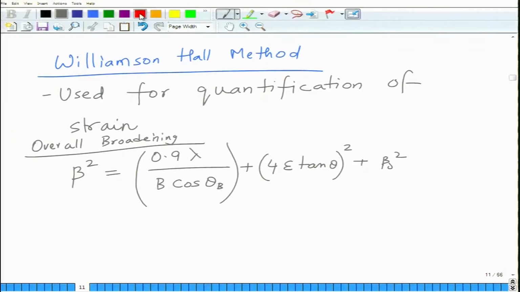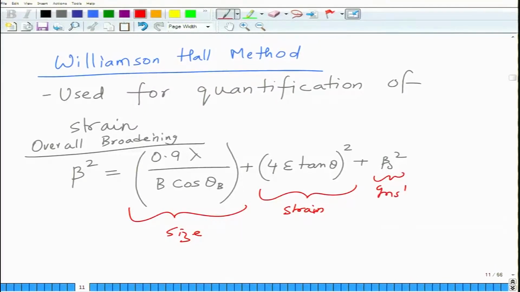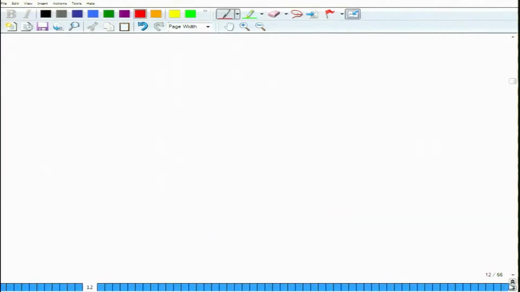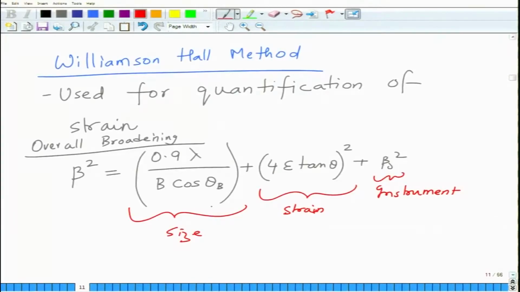Here, this term is because of size, this term is because of strain, and this is because of instrument. So, essentially what I need to do is make slight modifications.